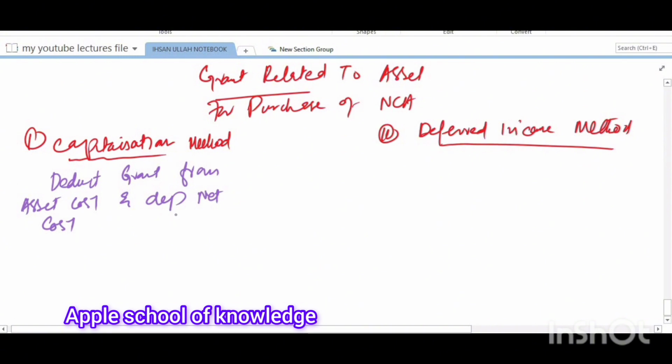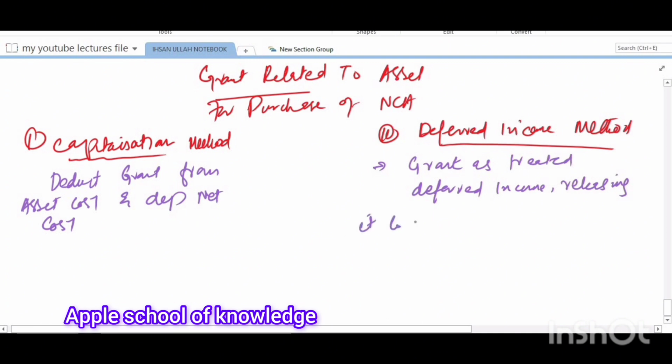While in the deferred income method, the grant is treated as deferred income, and released to profit or loss over the asset life. So this we call the deferred income method. Clear?